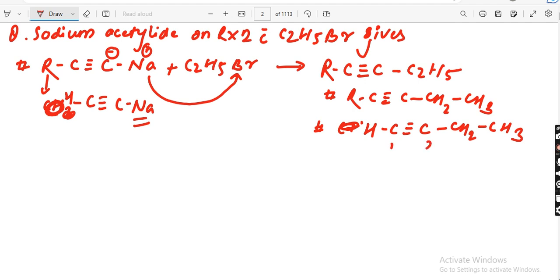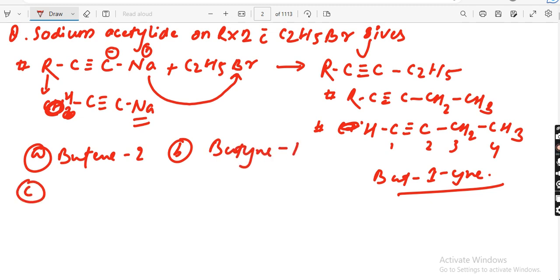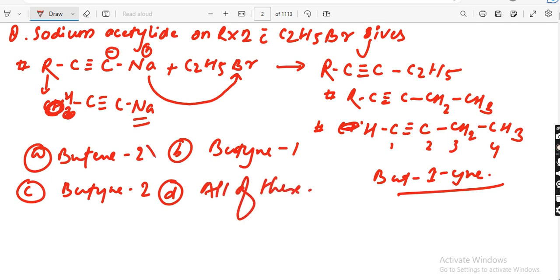So this is 1, 2, 3, 4, so but-1-yne will be the product, right? But-1-yne will be the product. So the options are: A butene, B but-1-yne, C is but-2-yne, D is all of these, right? So this will be the answer.